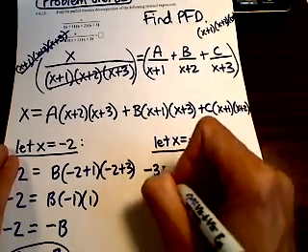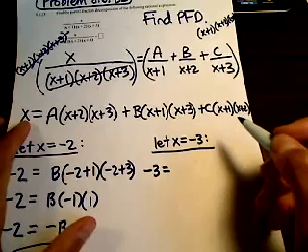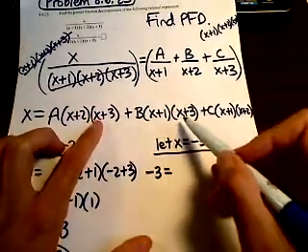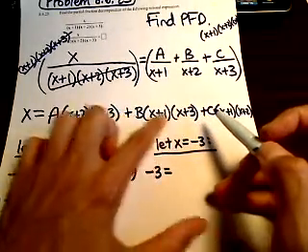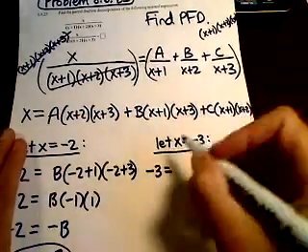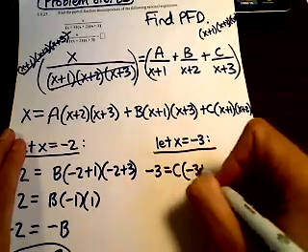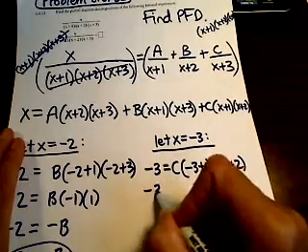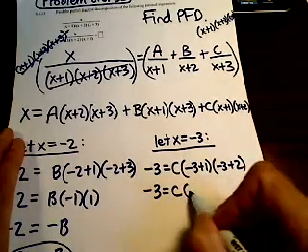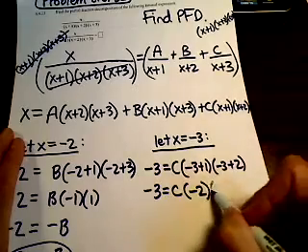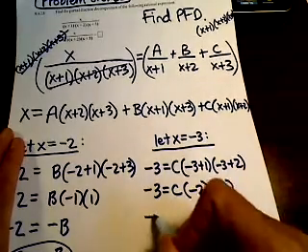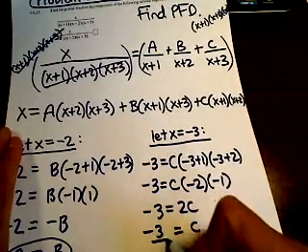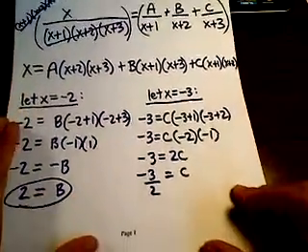We'll have -3 equals, I plug in -3 for x. When I plug it in here, it's going to give me a 0, and when I plug it in here, it's going to give me a 0. So those terms are just going to go away. We'll have C times -3 plus 1 and -3 plus 2. So this here is -2 times -1. So that's -3 equals 2C. And C is -3 halves.